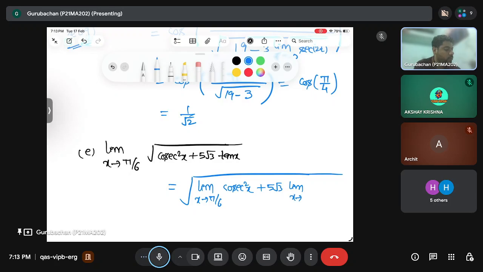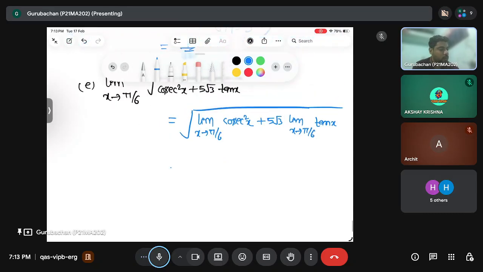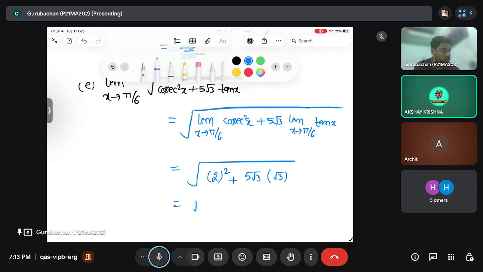Limit x tends to pi by 6 of cosec square x is 2 square, 4. And tan x will be 1 by root 3. At least you know the values. 4 plus 5, this will be 3.